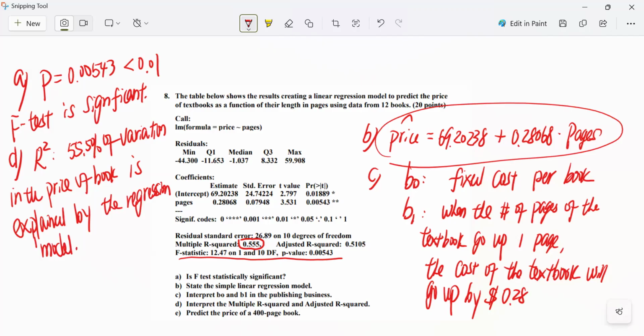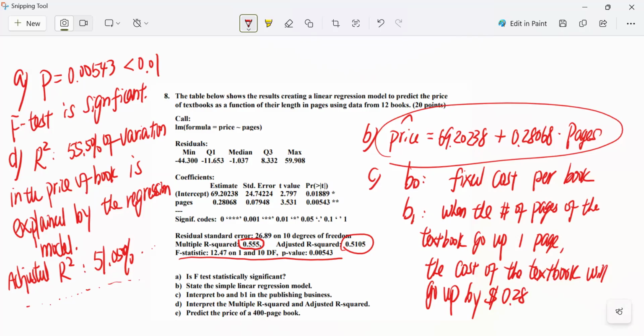And then the adjusted R square. It's going to be almost the same language, but slightly different. 51.05% of the variation in the price of the book is explained by the regression model.